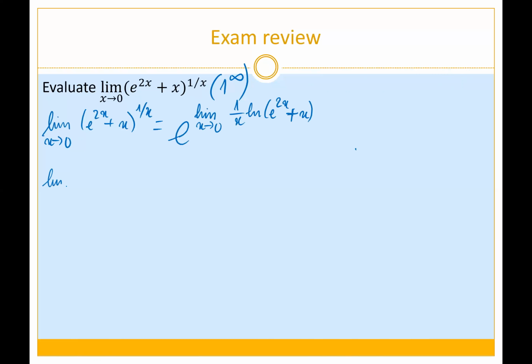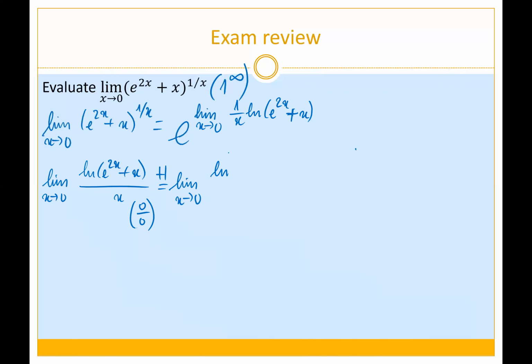Now we're going to find just that limit. So now here, if you plug in 0, what you have is 0 over 0. So I'm going to take the L'Hopital rule of this.